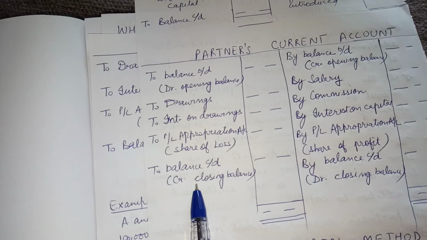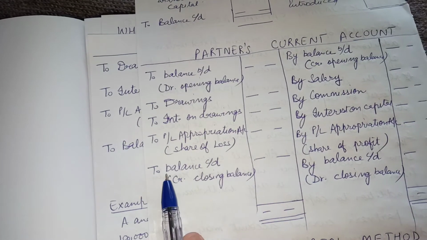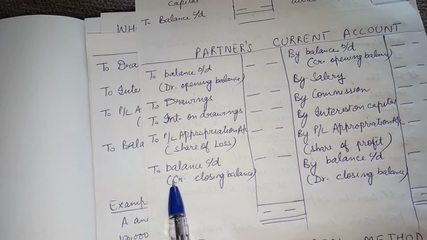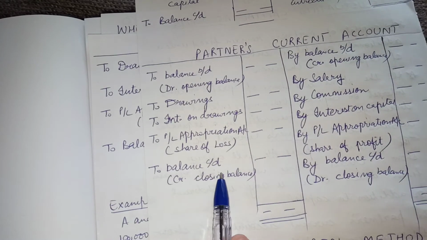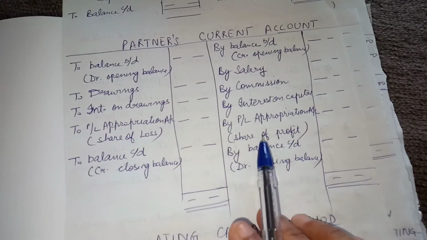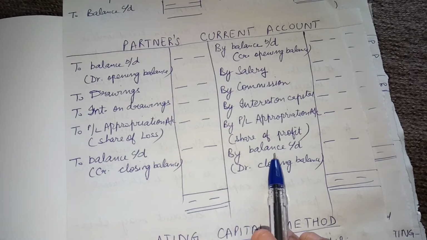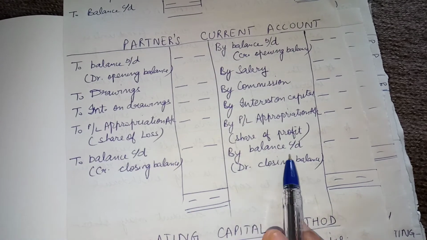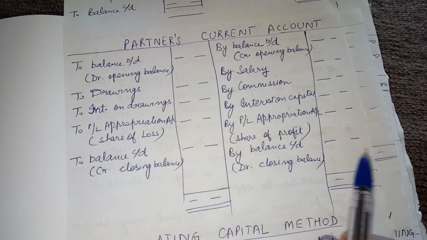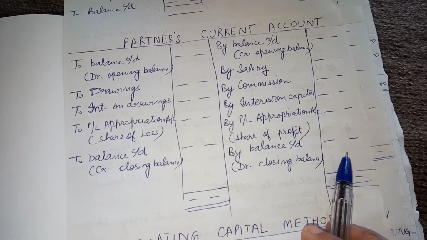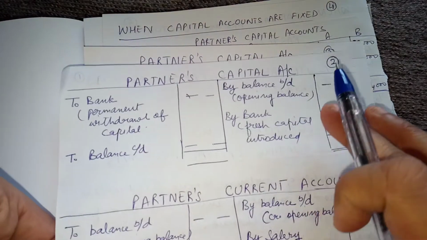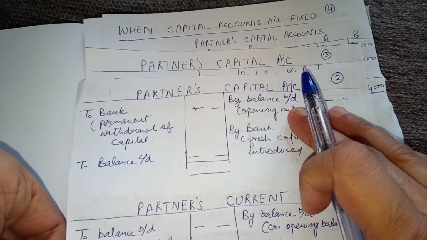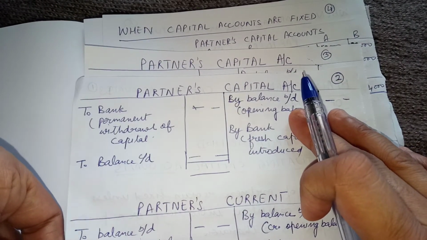And then the closing balance, if it is a credit balance, then to balance carried down, the closing credit balance will be entered here. And if the balance is debit at the end of the year, then by balance carried down, the debit closing balance will be entered here. So this is the method where we maintain the capital accounts when the capitals are fixed.